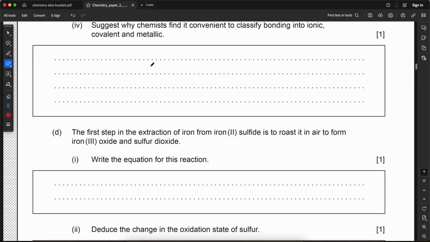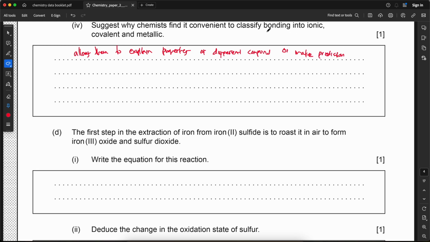Suggest why chemists find it convenient to classify bonding into ionic, covalent, and metallic. It allows them to explain properties of different compounds or make predictions.